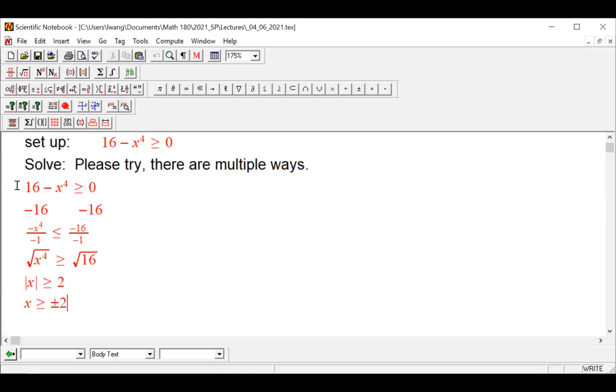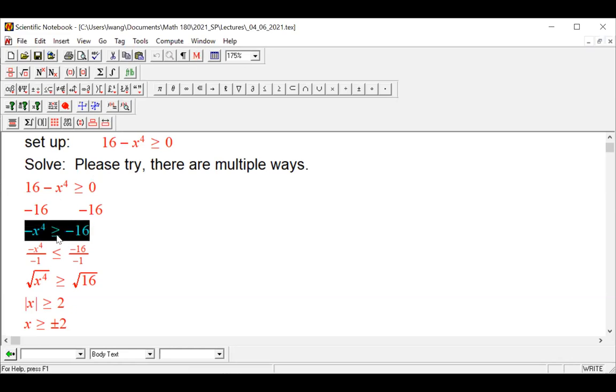Okay. When he subtracts 16 on both sides, this is correct. But the consequence of this subtraction is negative x to the power 4 greater than or equal to negative 16. You follow me? But he switched.